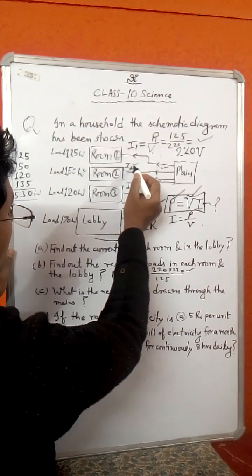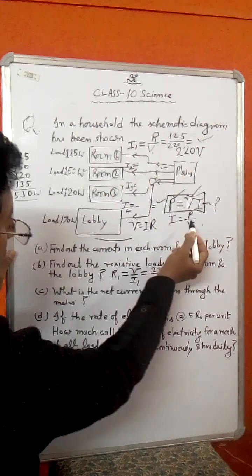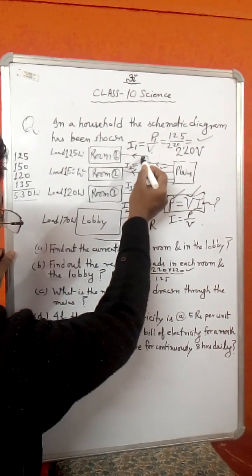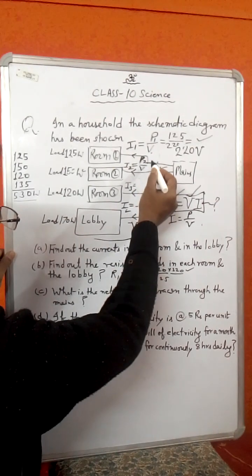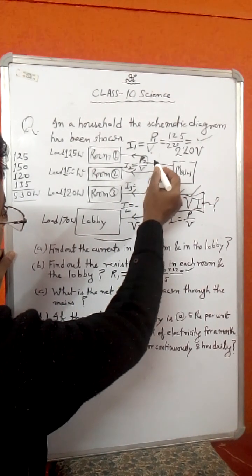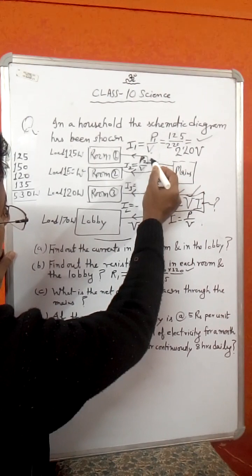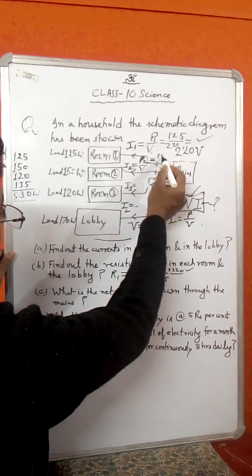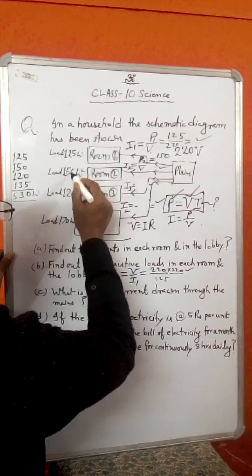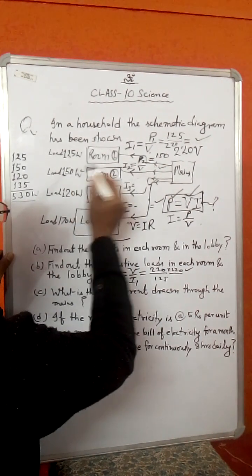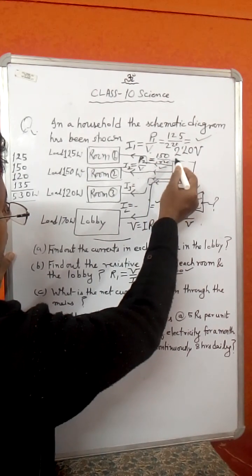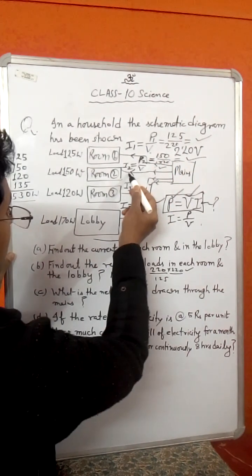Similarly, for I2, you need to write I2 is equal to P2 upon V, which is equal to 150 upon 220. You can find out the value of this I2.